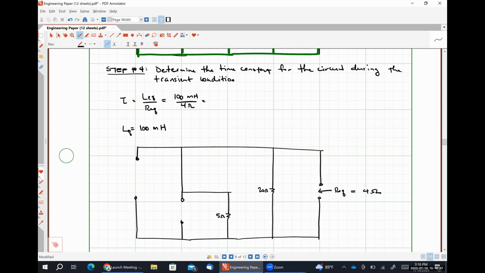That's 0.1 over 4, which is 1/40th of a second. And so the inverse of tau is 40 per second.